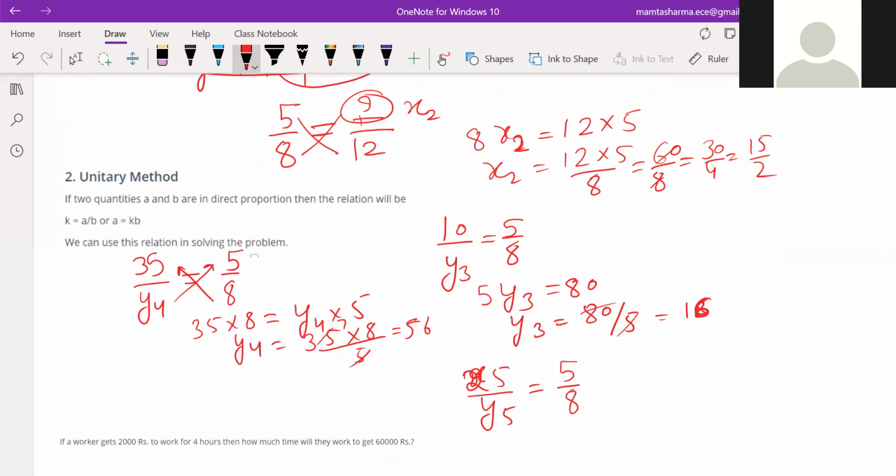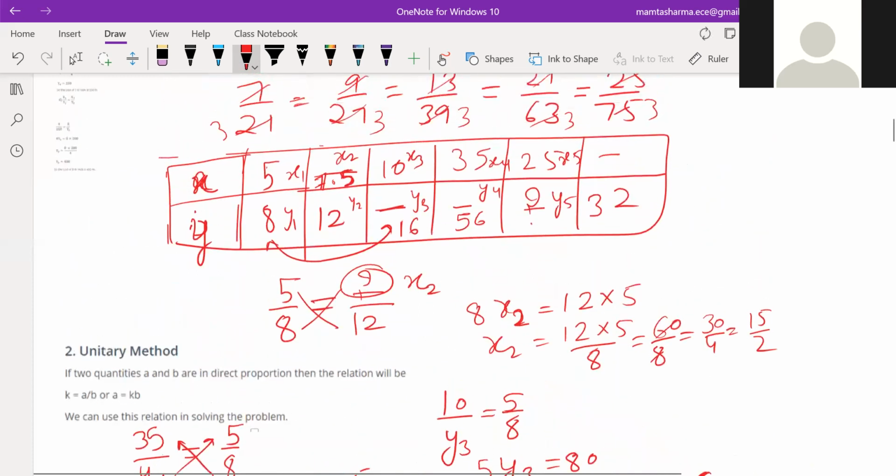Now find out Y5. Again cross multiply. 25 into 8 is equal to Y5 into 5. So Y5 will be 25 into 8 divided by 5. This 5 will be divided. 5 1s are 5, 8 5s are 40. So this Y5 will be 40.